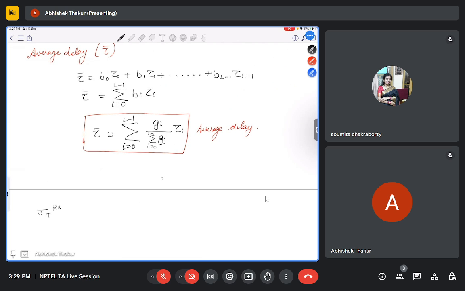Now the RMS delay can be found as b0 (tau 0 minus tau bar) square plus b1 (tau 1 minus tau bar) square, and so on, up to b of L minus 1 (tau of L minus 1 minus tau bar) square.